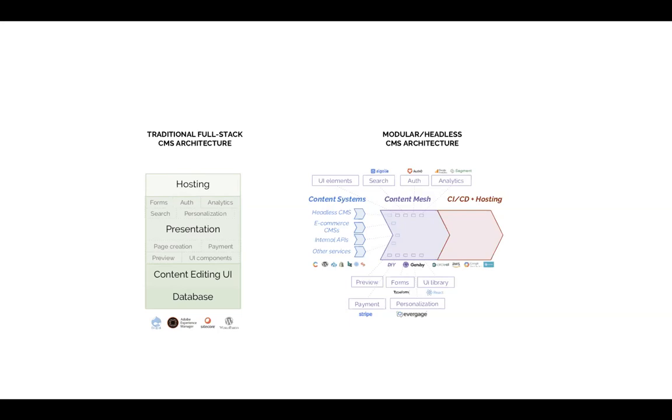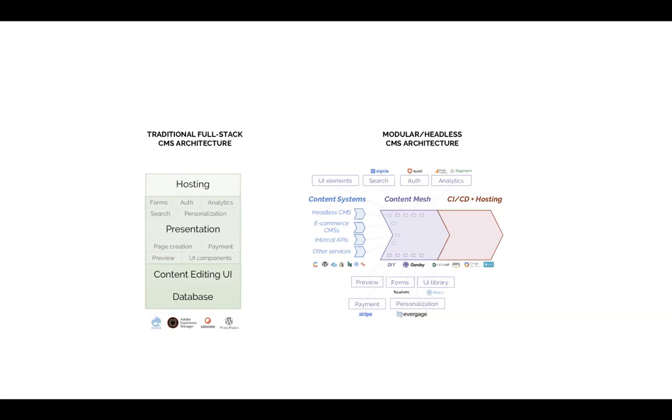Like I said earlier, we have almost everything: forms, authentication, analytics, search, the content editing UI, and the database. Basically, this monolithic architecture does everything, while the modular headless CMS architecture is composed of microservices.